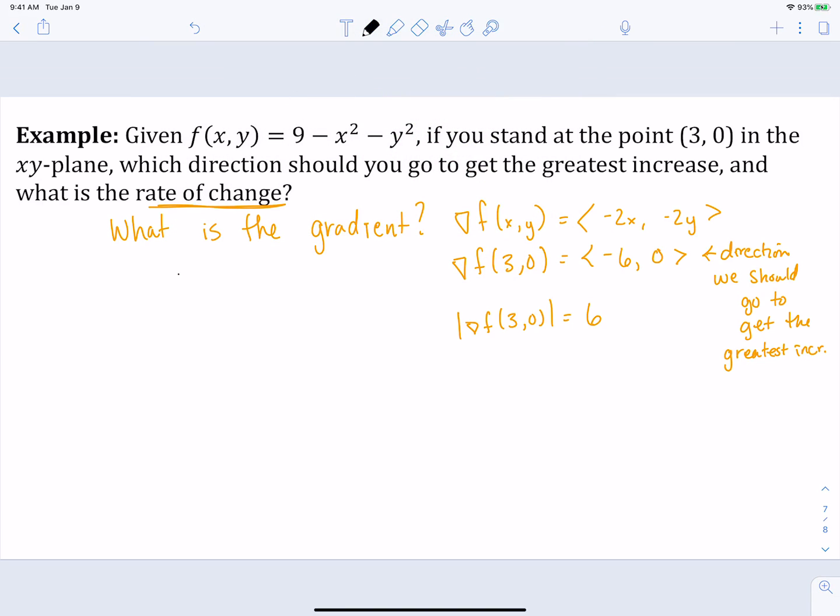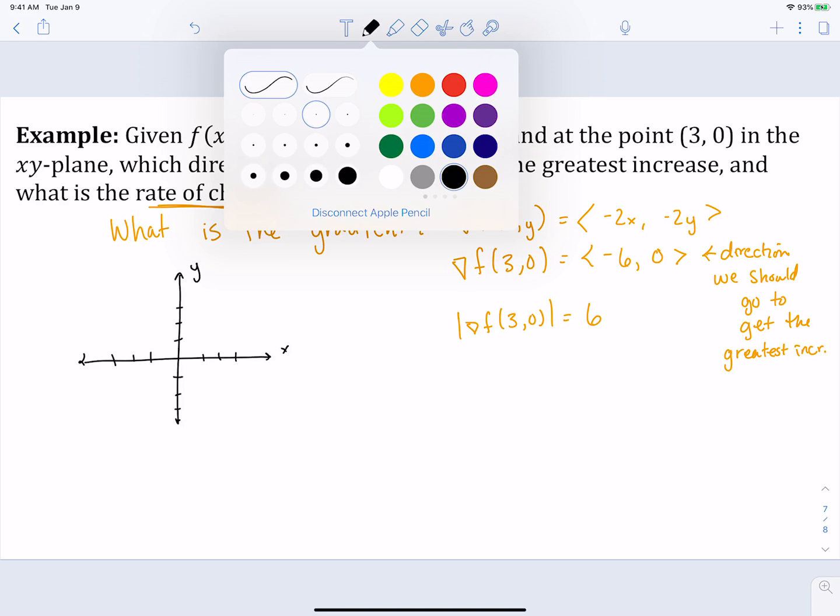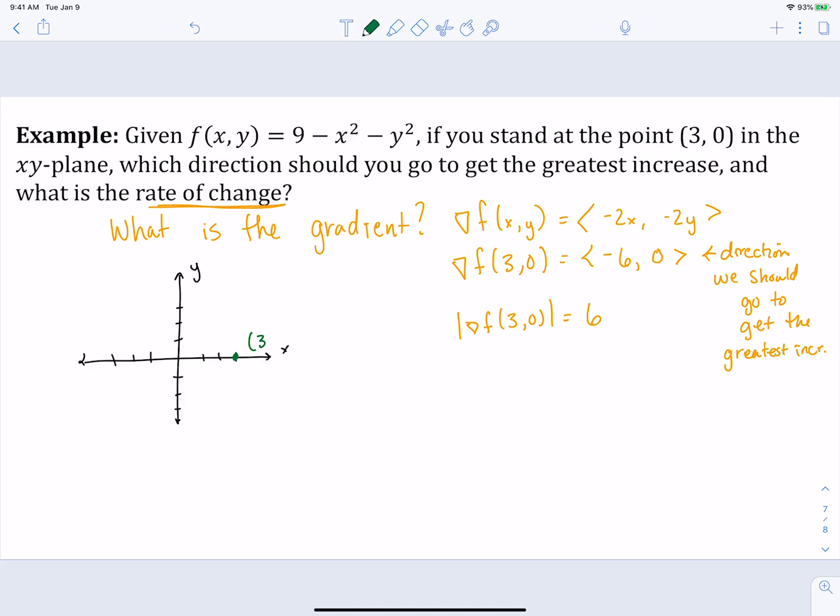So picture-wise, what's happening here, if we're looking at the xy plane, so there's x, there's y, and the point that we're concerned about here is the point right here, 3, 0. And if we think about our three-dimensional function, we're looking at an elevation of 0.